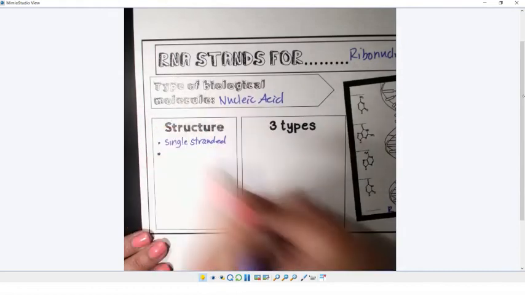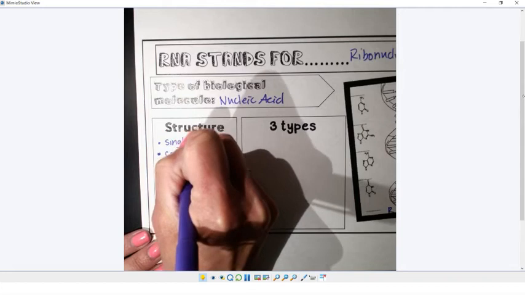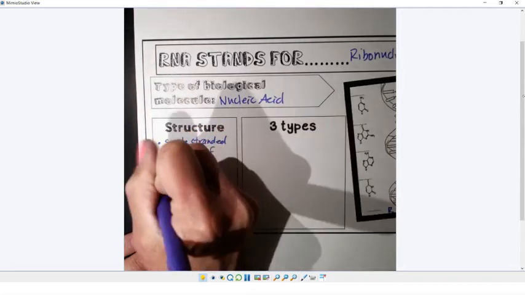Our RNA molecule is composed of nucleotides.